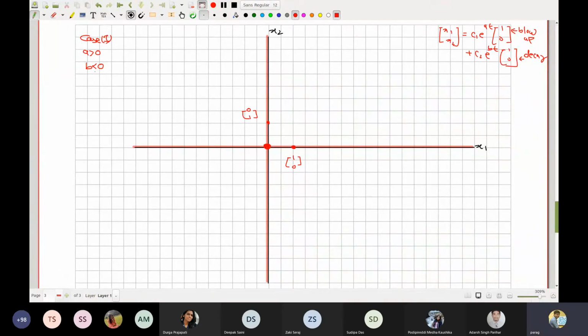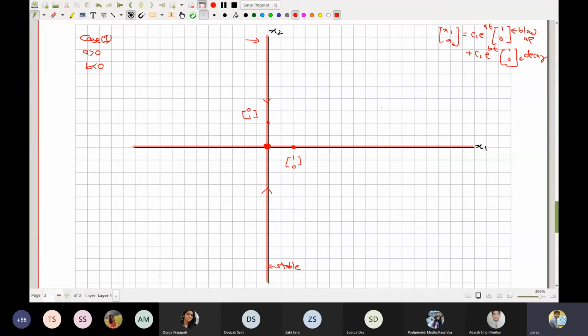So b less than 0 corresponds to this axis, and this axis is an axis where the solutions will decay to 0, and therefore this axis is called the stable axis. So solutions will converge to this axis.